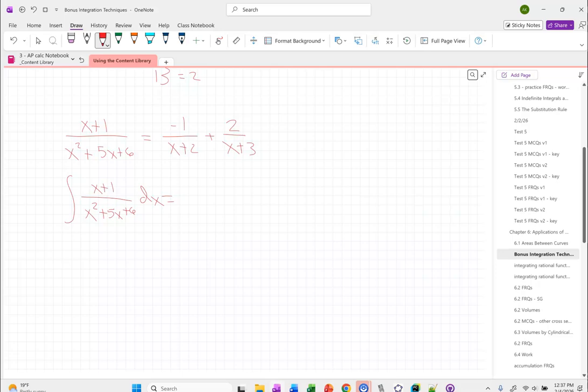So again, starting spot, nothing for me to do. Doing my partial fraction decomposition allows me to rewrite it.